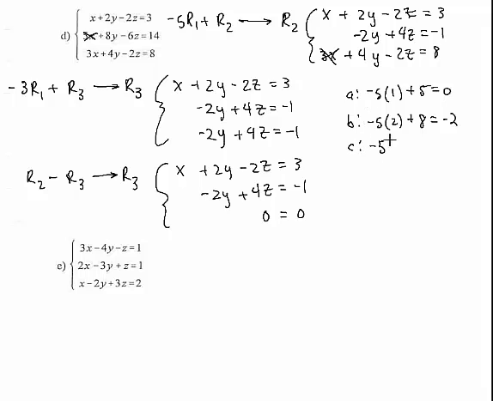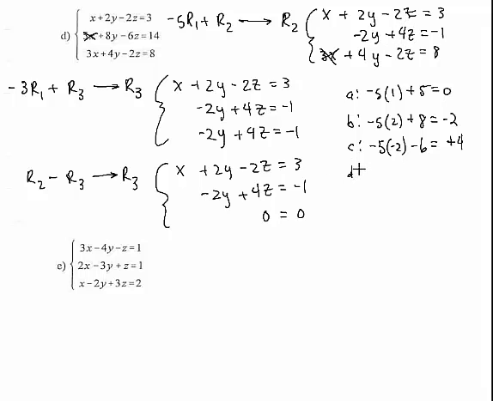For c, once again, -5 times a -2 from the first equation, and then -6 from the second one. I end up with a +4. I have a +4z here.